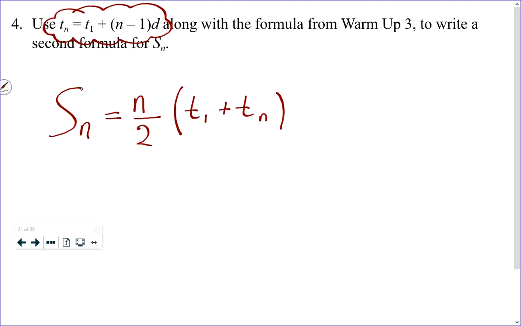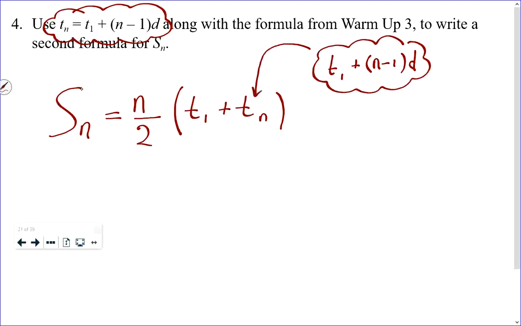We are going to put t1 plus n minus 1 times d right there because that's what Tn is. We're doing a substitution, an algebraic substitution.